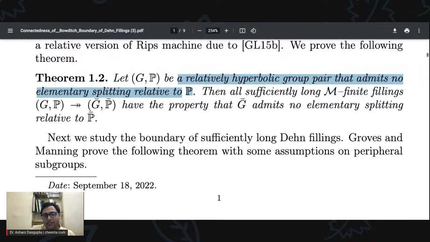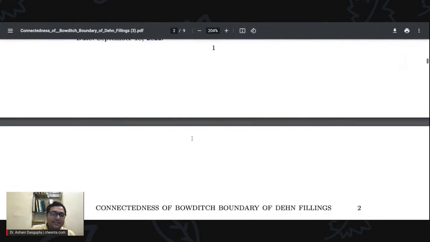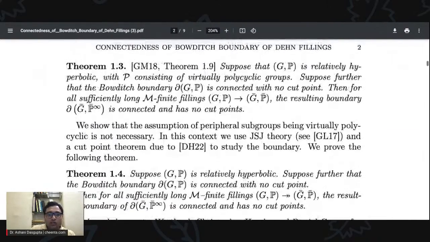A more interesting work, I would say, is theorem 1.4, which is an upgrade of theorem 1.9 of Groves and Manning. Remember, I talked about the boundary. So it is natural to ask that if the original boundary is connected, is the filled in boundary also connected?